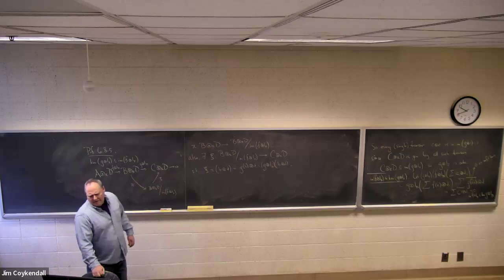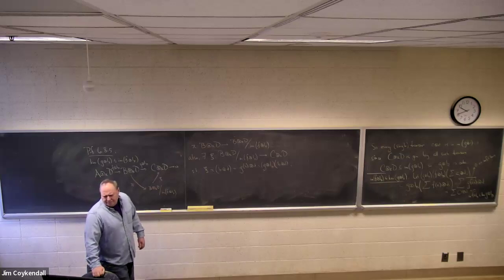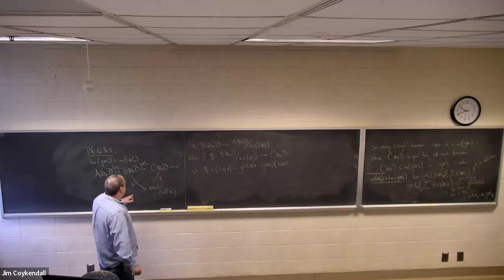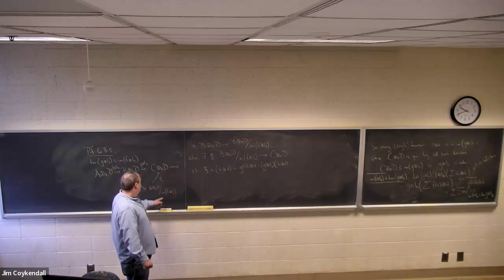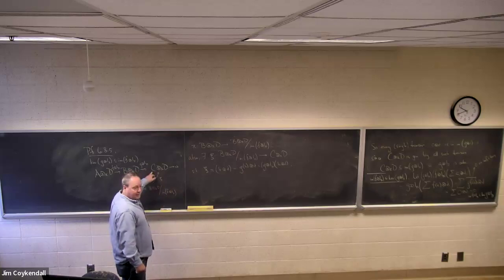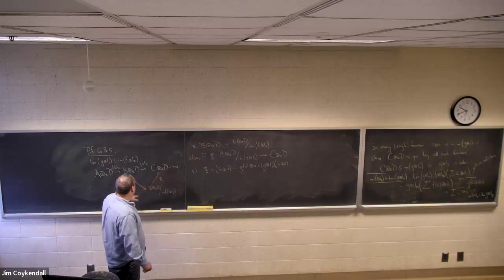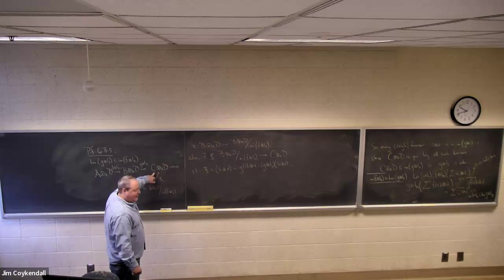By the way, how do I know I have this homomorphism? Because what do I know already from what I've done so far? I know that the image of F tensor 1D is contained in the kernel of this map. I've already shown that in a previous step. Since the image of this is contained in the kernel of this map, this induces a well-defined map here, because what you're modding out by is contained in the kernel of this.